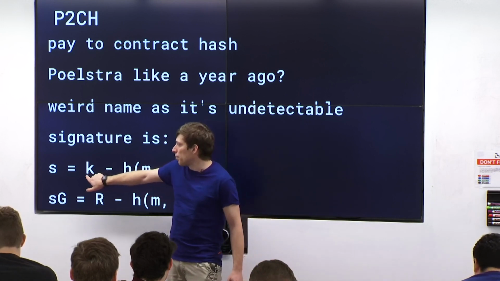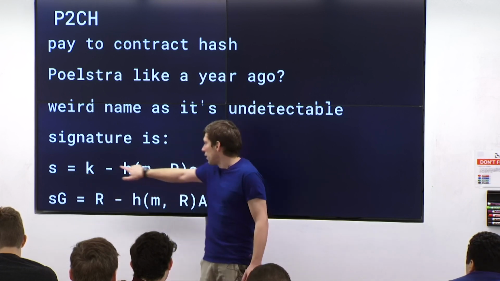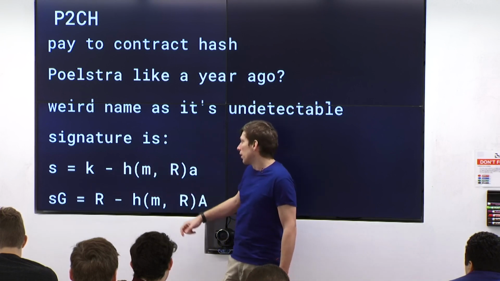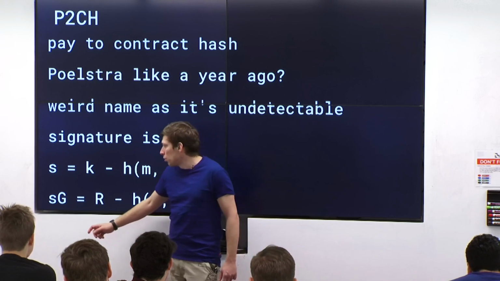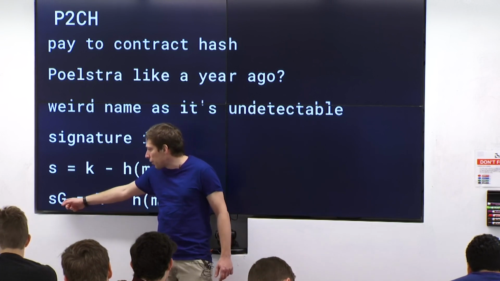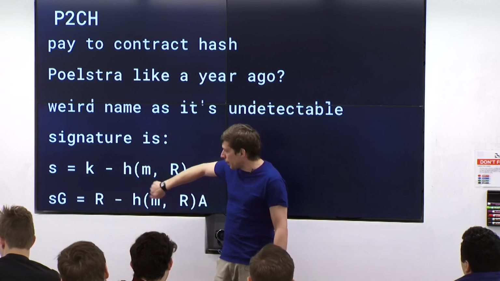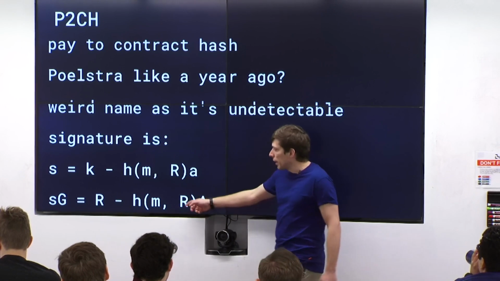This is a random sort of temporary private key I come up with. And then this is that temporary private key turned into a public key, right? Multiply by G to get the public key version. And then to verify the signature, the verifier multiplies both sides by G, so you get S times G, k turns into R, little a turns into big A.